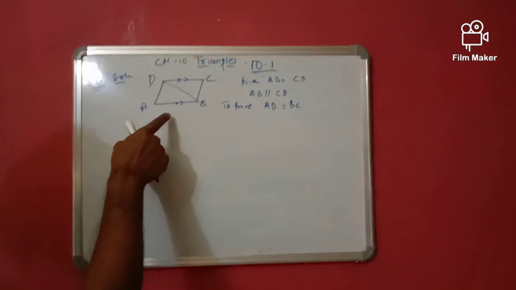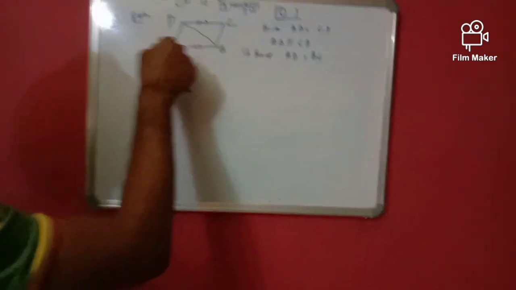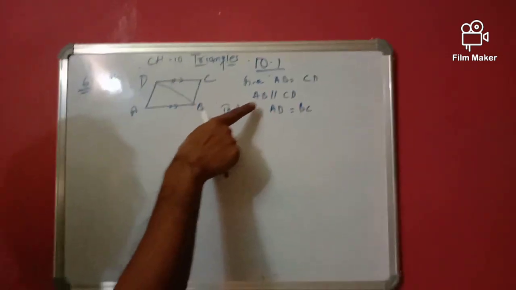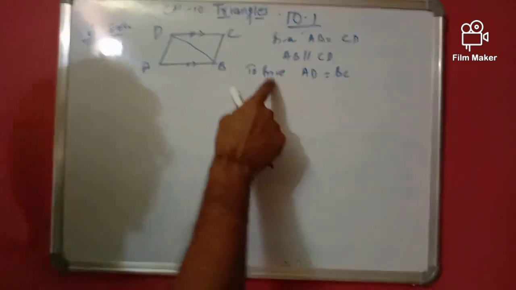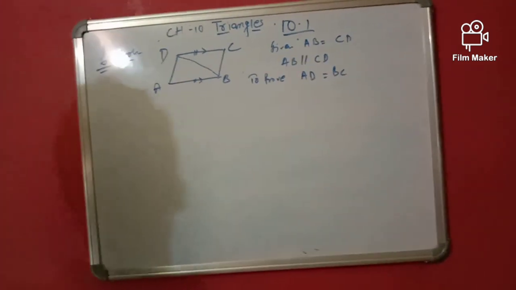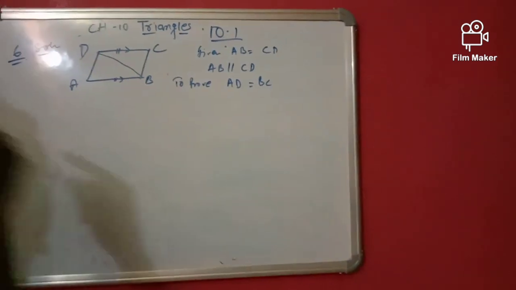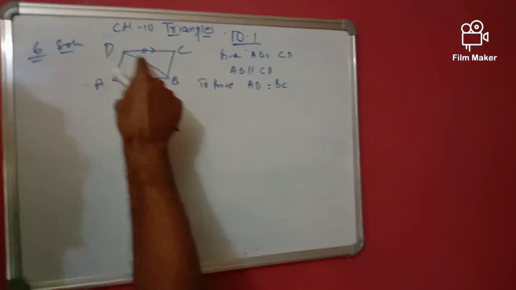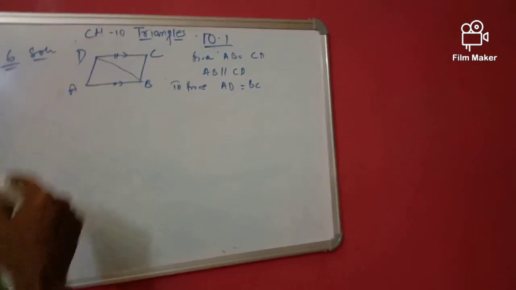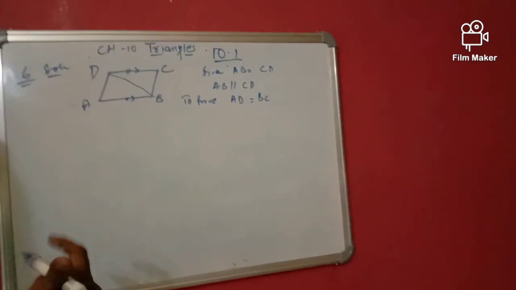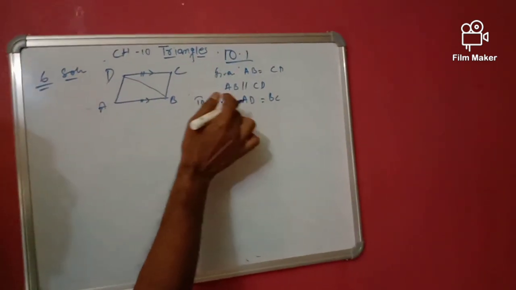Now next question. In the adjoining figure, AB equal to DC and AB parallel to DC, prove that AD equal to BC. Whatever is given, you have to write. First of all, you draw CD parallel to AB. AB equal to DC, it is given. Write down the given.